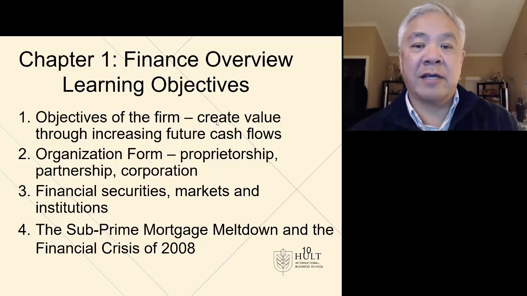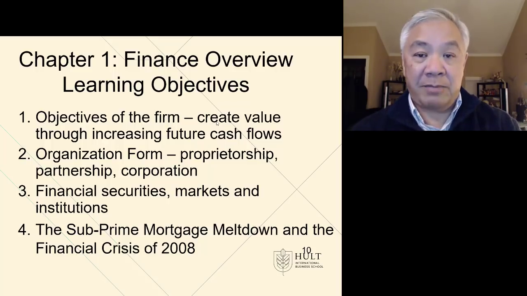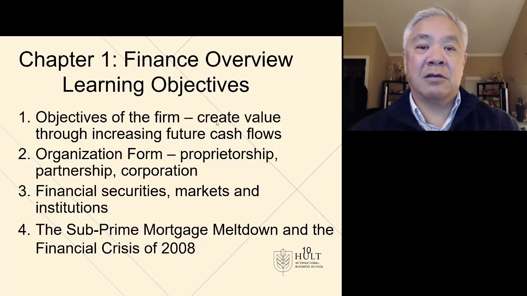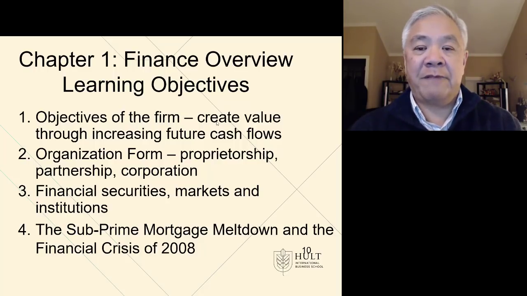Third is looking at our markets, the securities that make up the markets, how the markets behave, and what are the institutions that participate and create the flow of funds in the marketplaces. And fourth is to look briefly at the subprime mortgage meltdown and the financial crisis of 2008. That occurred recently, and it's still having its ripple effects on the recovery of markets and also our thinking about how securitization works and how financial markets can sometimes get out of control.